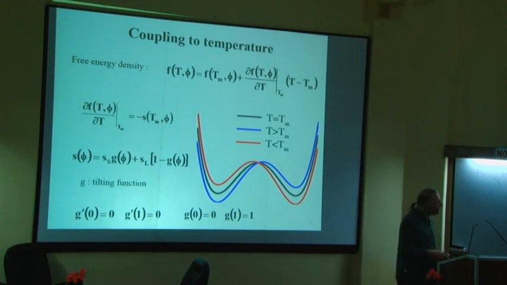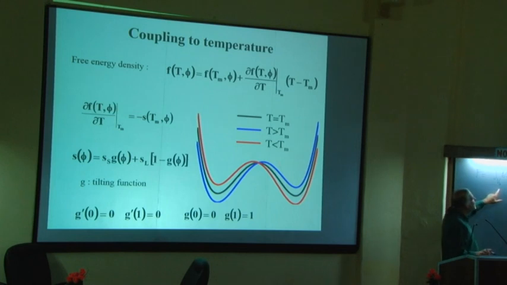I just want to show you here that you can obtain exactly the same thing in a different way that is also very intuitive. So if I have this macroscopic free energy here, how can I write down a phase field representation? Well, actually I can do this quite easily.